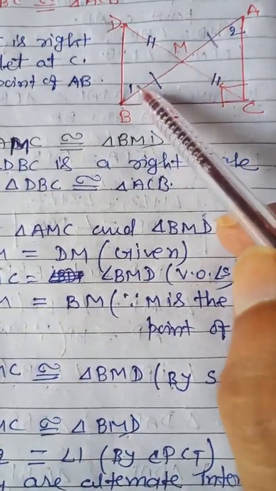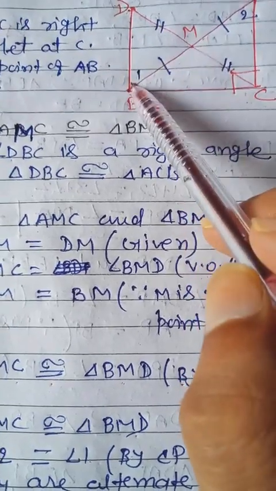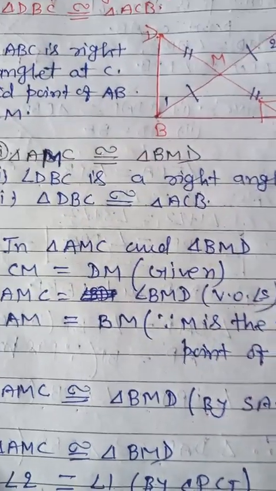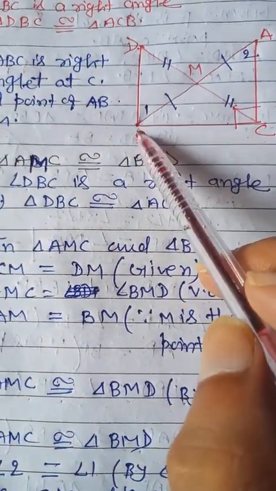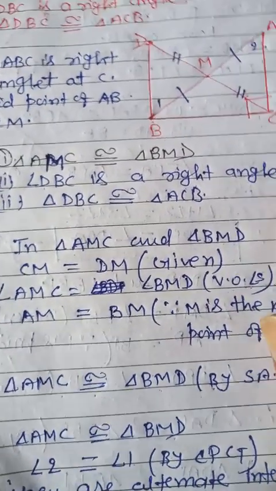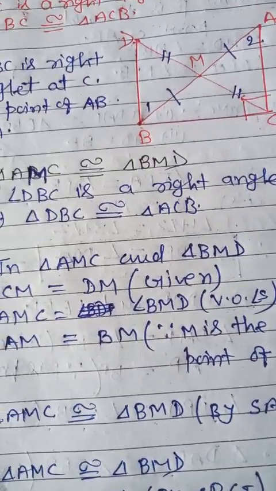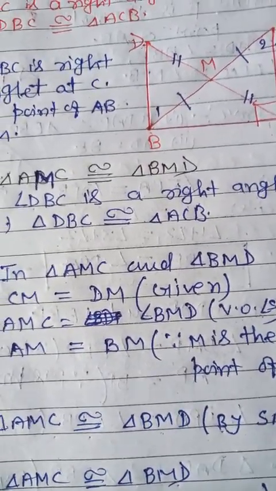And these angle 1 and angle 2 form alternate interior angles. Look here, alternate interior angles. And when alternate interior angles are equal, then the given lines are parallel.